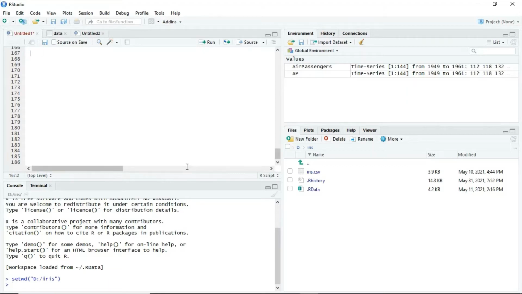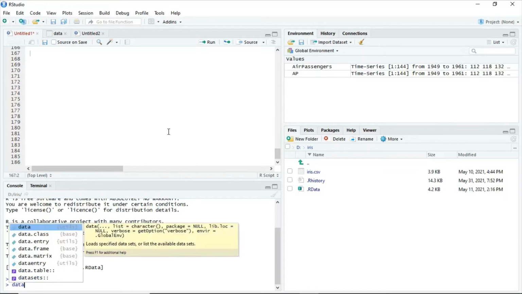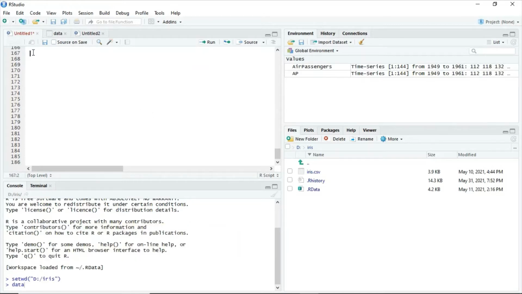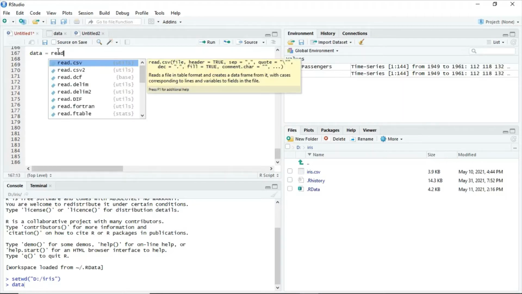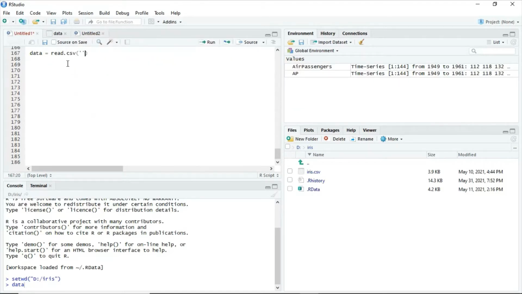Then the second thing is to read the data set. Whenever we are reading a particular data set in R, we have to use one object, or you can say a variable, which will hold the data set. For reading the data set, we have to read the CSV file, and here we write the dataset name.